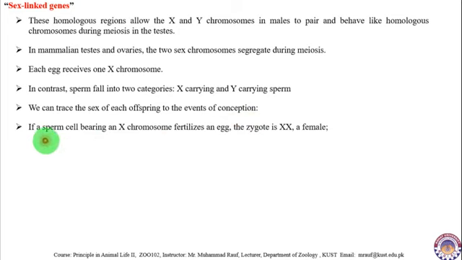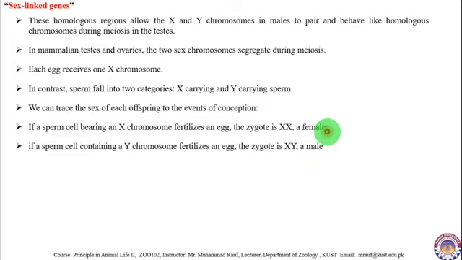If a sperm cell bearing an X chromosome fertilizes an egg, the zygote is XX, a female. If a sperm cell containing a Y chromosome fertilizes an egg, the zygote is XY, male.